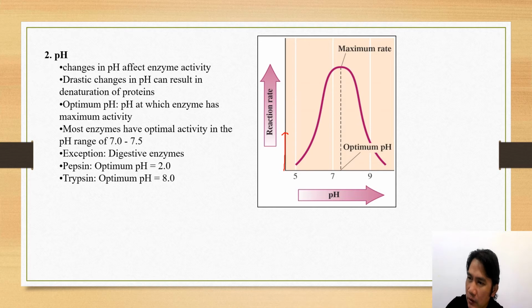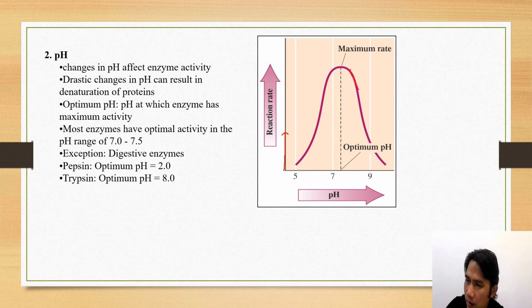Then, when the enzyme has reached its optimum pH, you would notice that the reaction rate goes down, because the enzyme begins to denature.